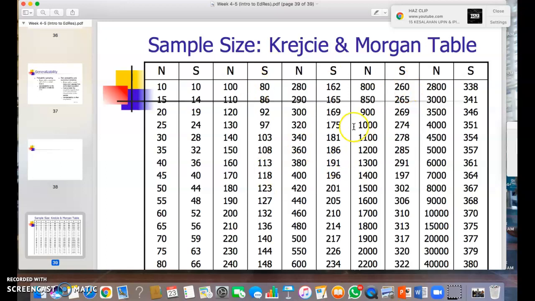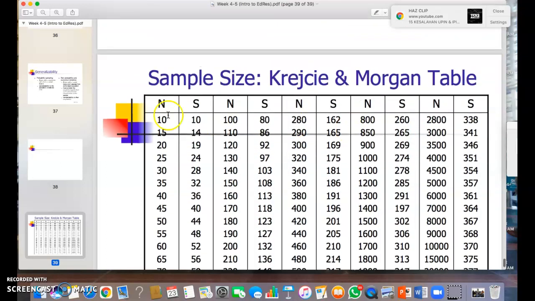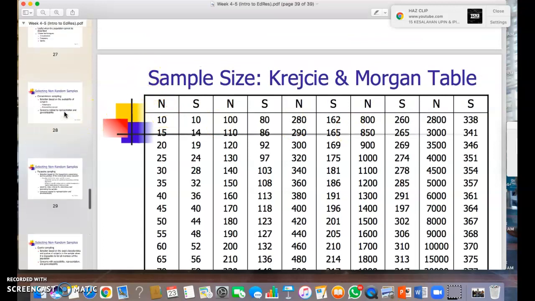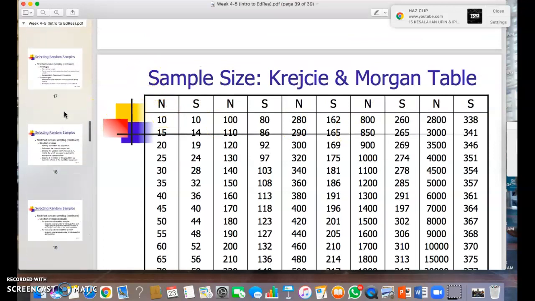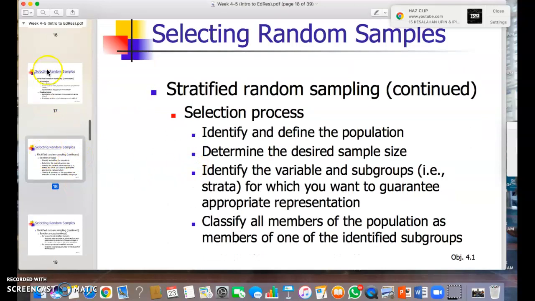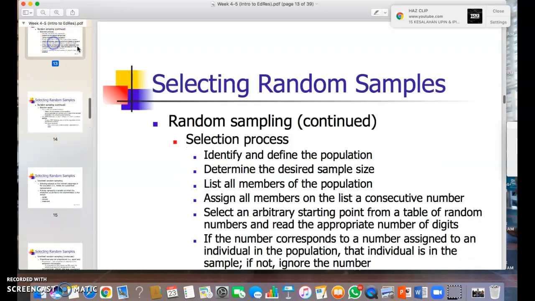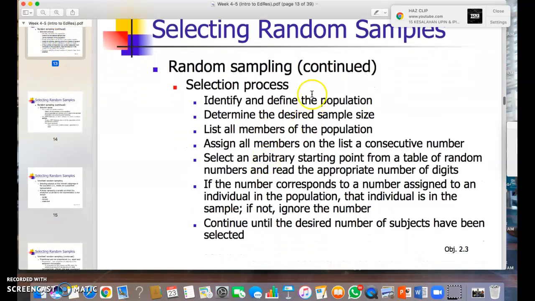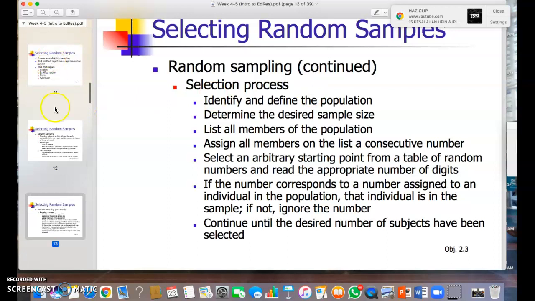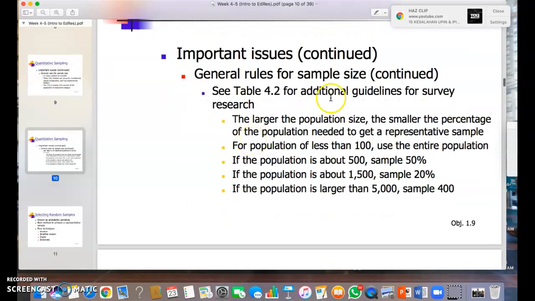So you can see from this guide, the Morgan table. These are the general rules for sample size.